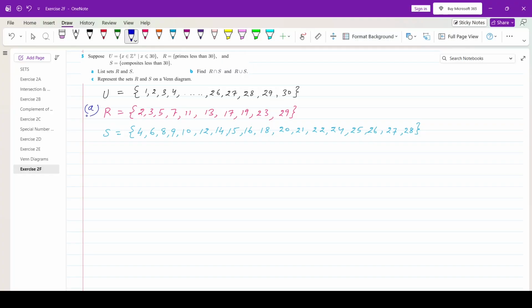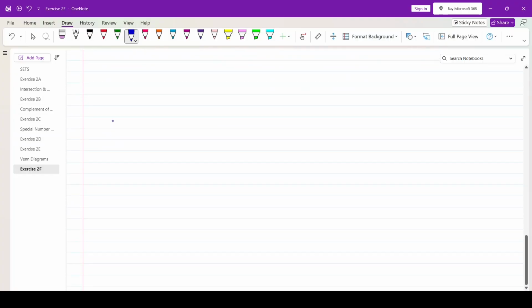Part A says list R and S. We have done it. Now as we have listed all the sets, we can do this and this. It is your homework. Let's move on to the next question.